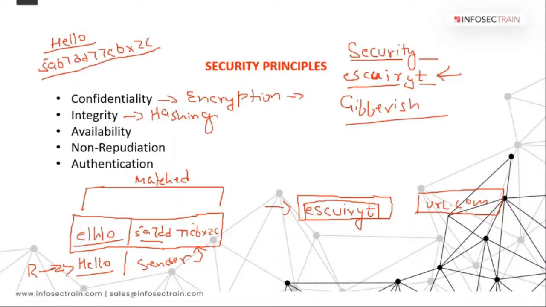And if there is modification, if that data is tampered, we can find that out, right? So this is your integrity and how integrity is maintained, right? Any doubts, any queries?